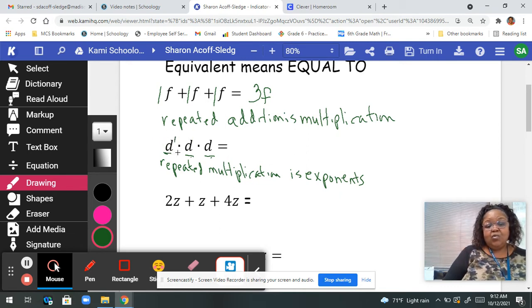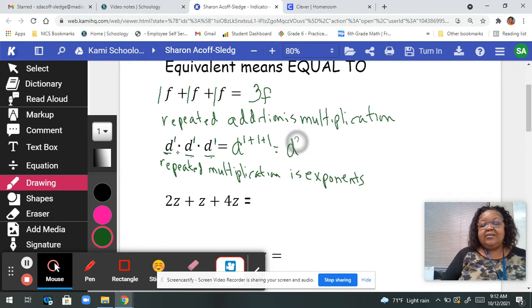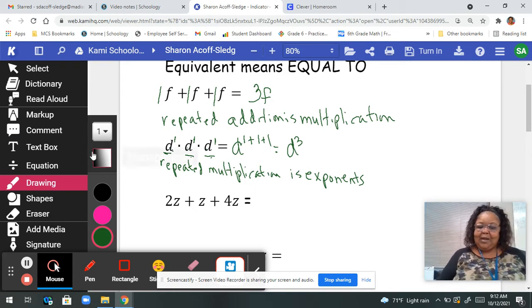Your exponent is 1. So that's d to the first times d to the first times d to the first, which is d to the 1 plus 1 plus 1, which is simply d to the third power. Shortcut, d multiplied by itself 1, 2, 3 times, so it's d to the third power. But this shows you why it's d to the third power.